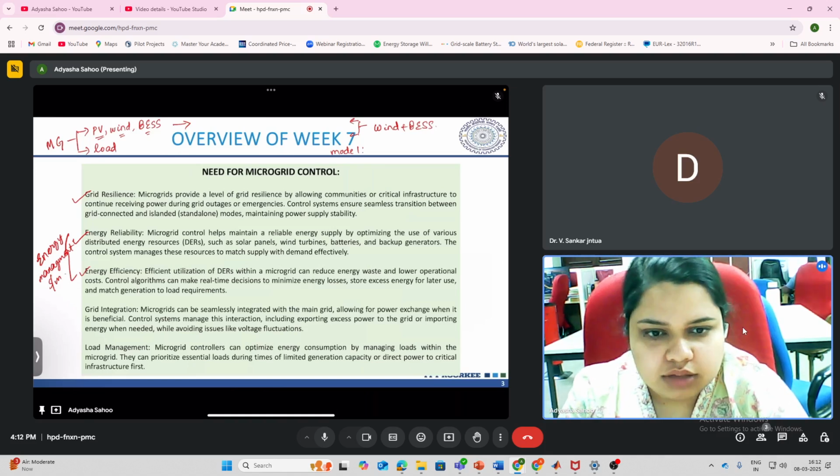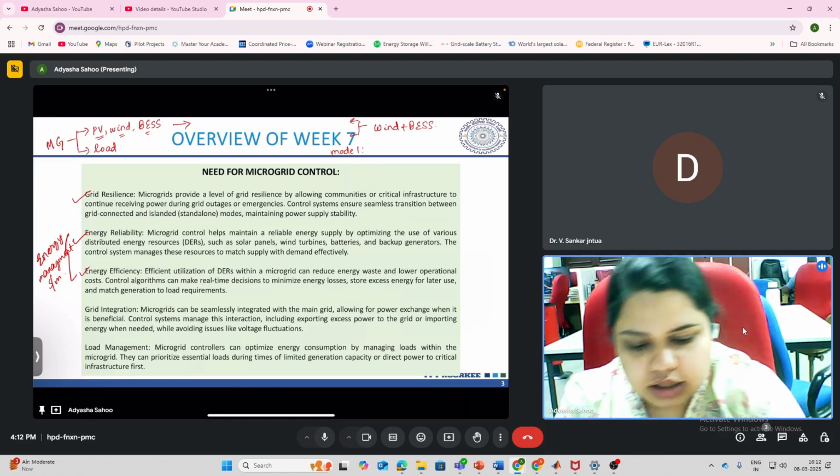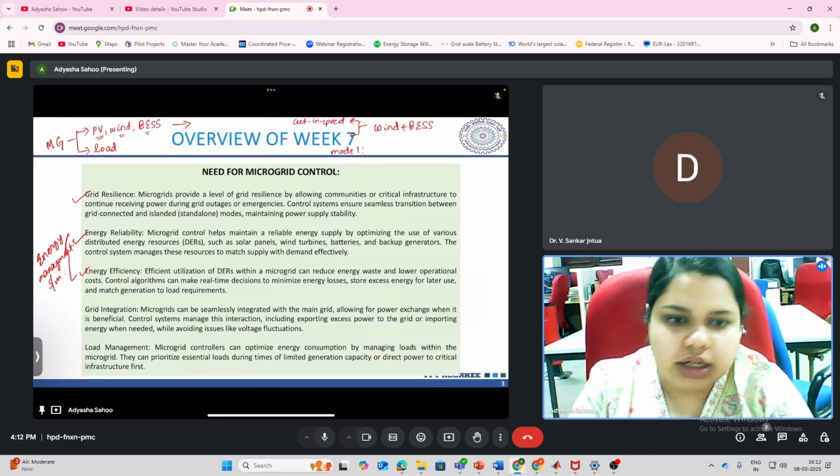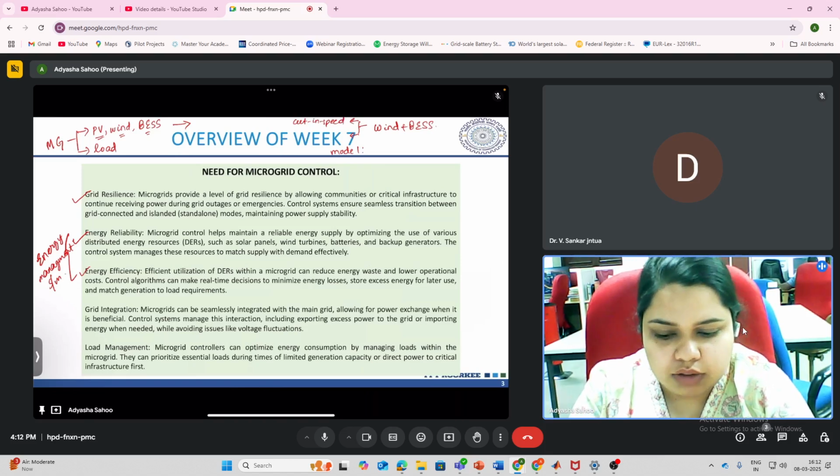To drive the blades of the turbine, you require a minimum speed that is known as the cut-in speed. If the speed is below the cut-in speed, the blades cannot rotate and you cannot produce any power. Only if the speed is greater than the cut-in speed can you produce power from it.